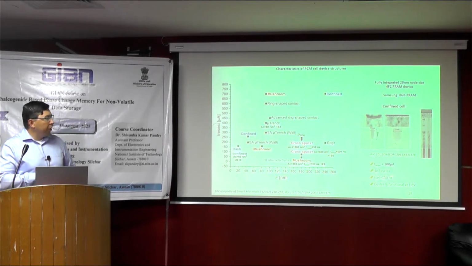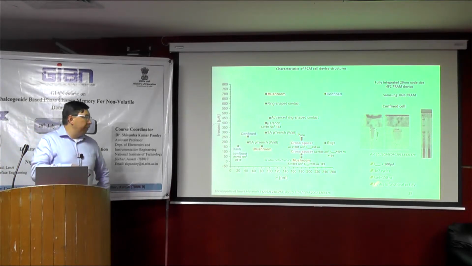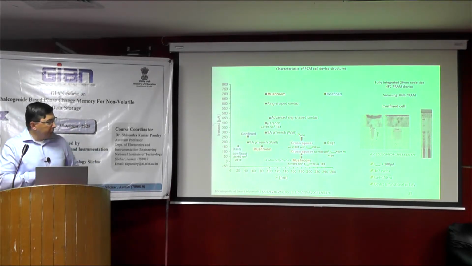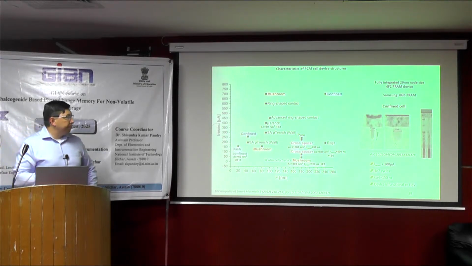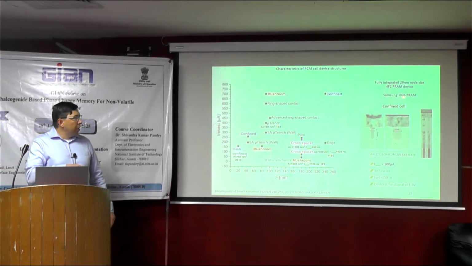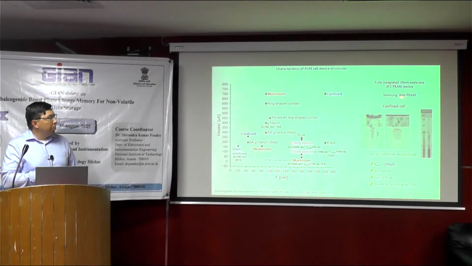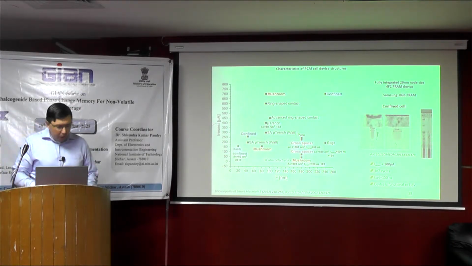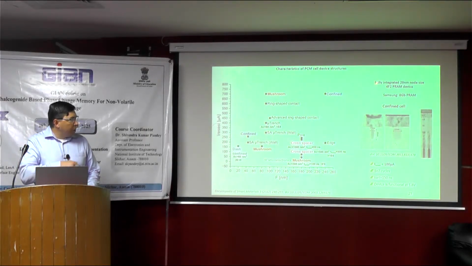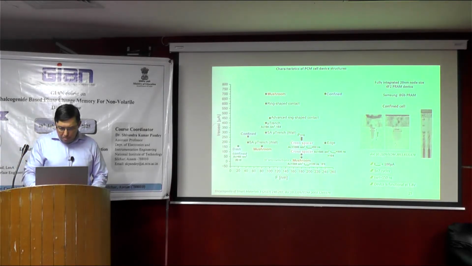Set current 150 nanoseconds, and the device was operating at 1.8 volt. It was actually produced by Samsung, and it was an 8 gigabit PRAM cell using this 4F2 technology on a 20 nanometer node size.